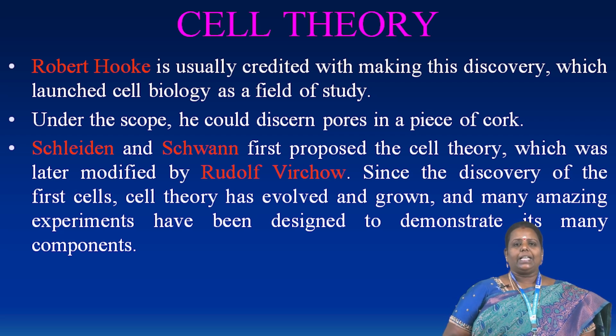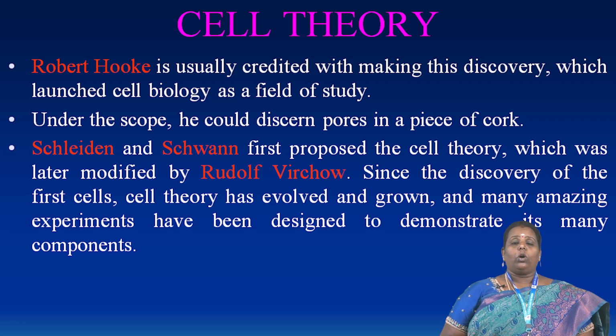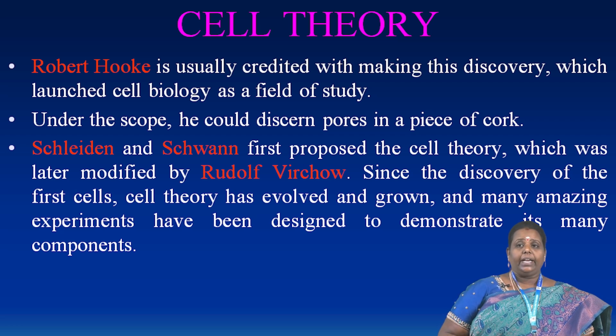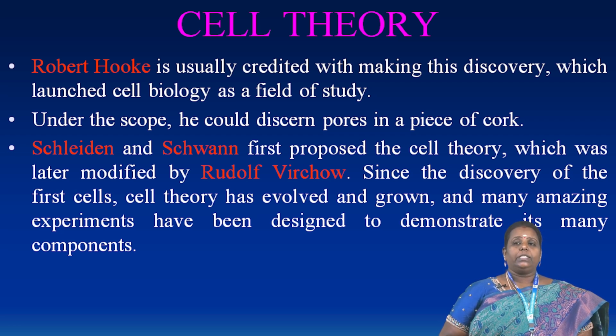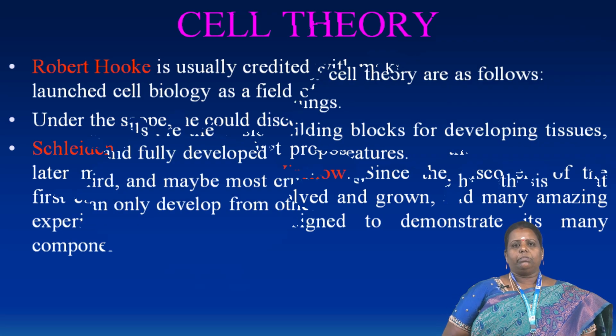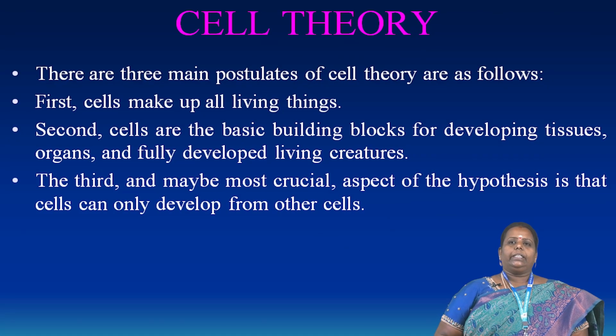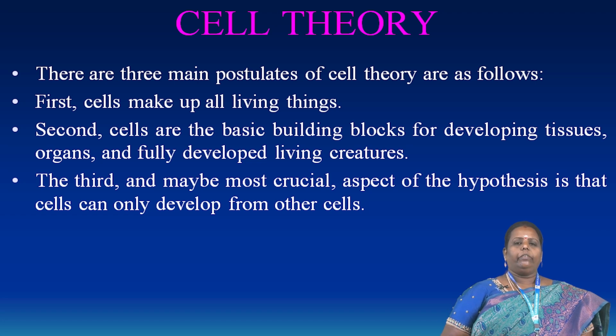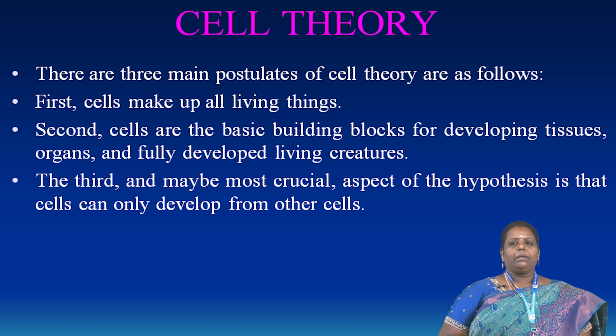This experiment is amazing, and it was designed to demonstrate the many components of the cells and the cell organisms. There are three main postulates of the cell theory. The first one is: the cells make up all living things.